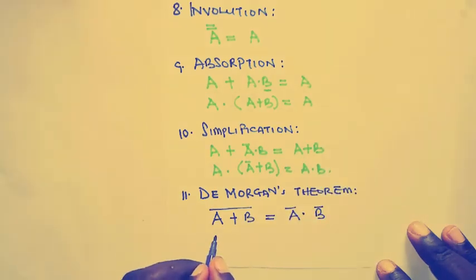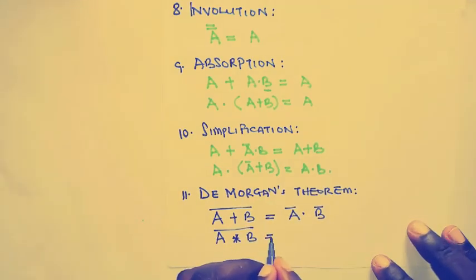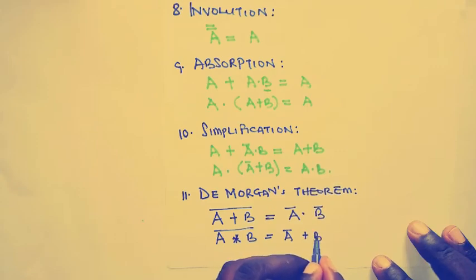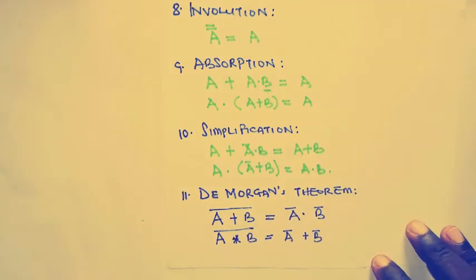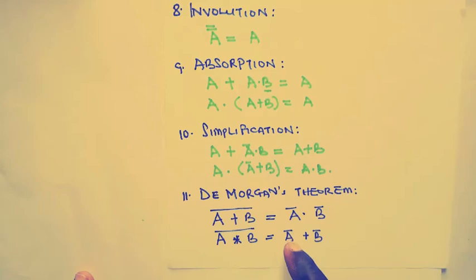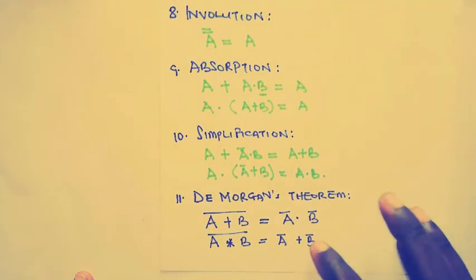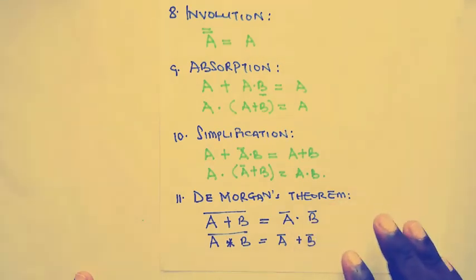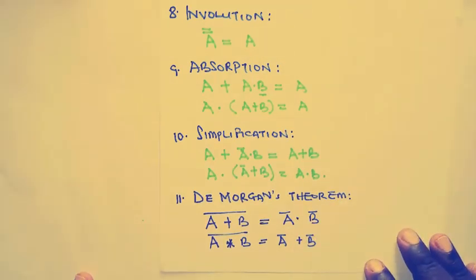And then the other side of De Morgan's theorem says A multiplied by B, all bar, is the same thing as A bar plus B bar. That is De Morgan's theorem. De Morgan's theorem plays a very important role in Boolean algebra and in so many aspects of algebraic expressions.